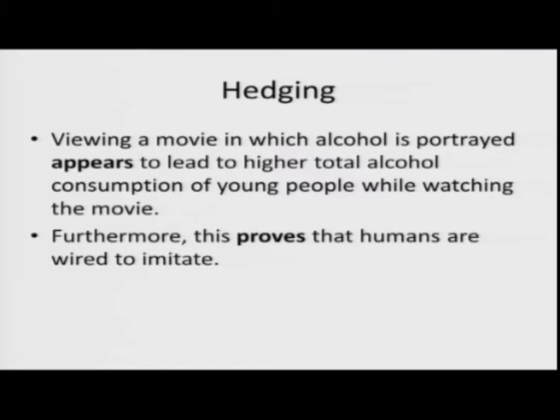Now, look at the second one. Do we have a hedging device here? Furthermore, this proves that humans are wired to imitate. The word proves here is very strong. So, this is a kind of very strong conclusion, a very strong statement.